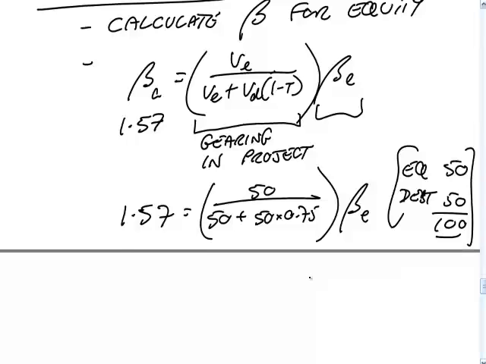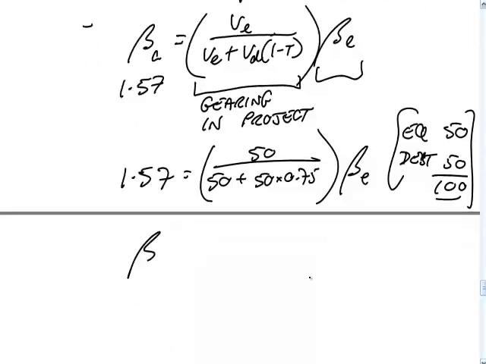Well, will somebody check me? I get beta equity to be, again, if I keep to 2 decimal places, 2.75. Everybody? Is that sensible?